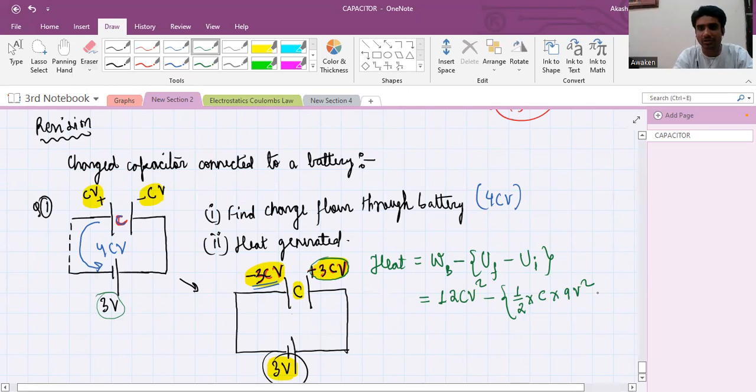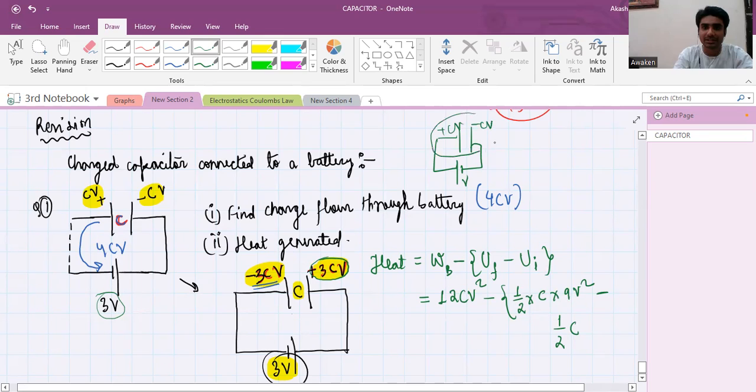Okay, and initial was how much? Half C, 2·3V square. Because when you write half CV square, initially this C must have been connected to some V. Therefore, the charge was plus CV, minus CV.